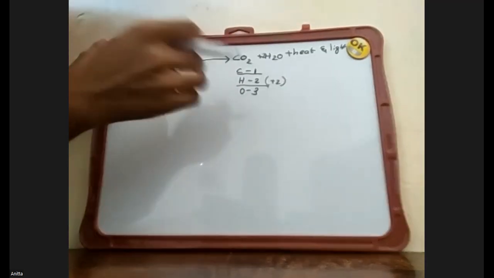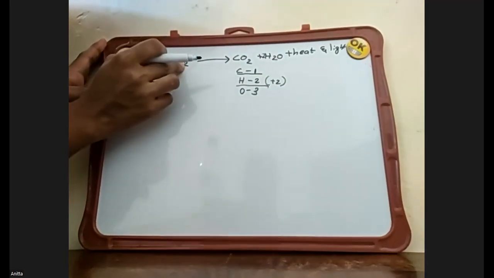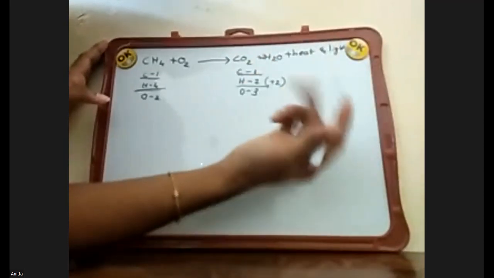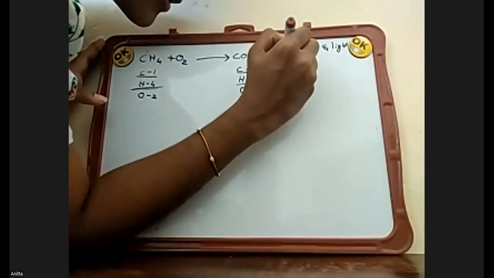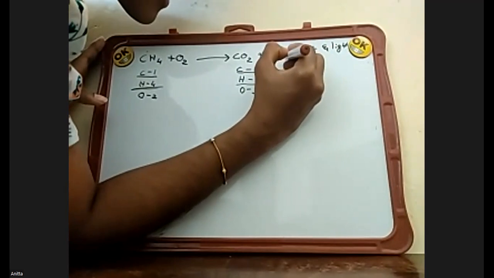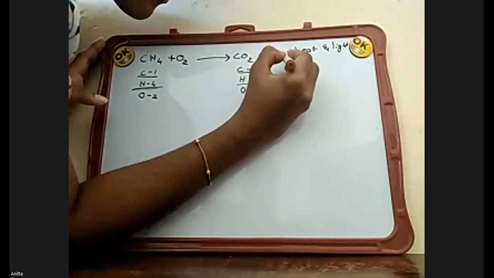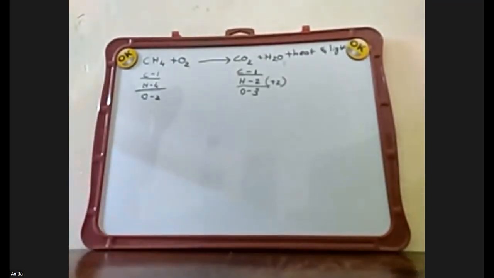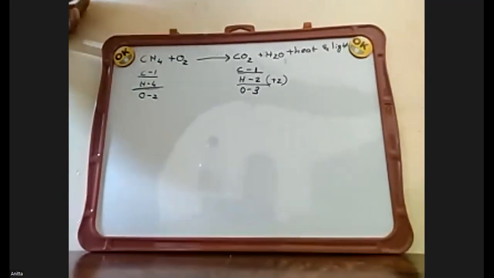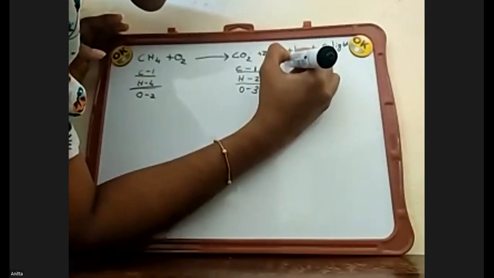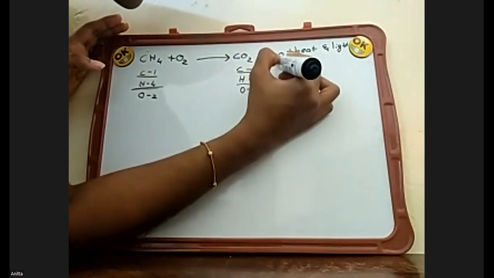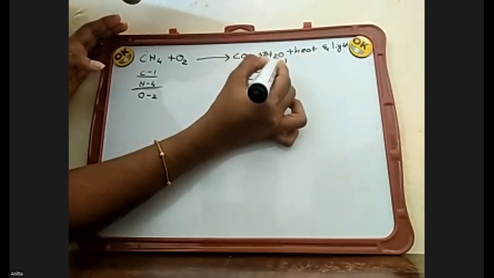Now we check oxygen on both sides. Here oxygen is 2, and here 2 into 2, 4 oxygen.